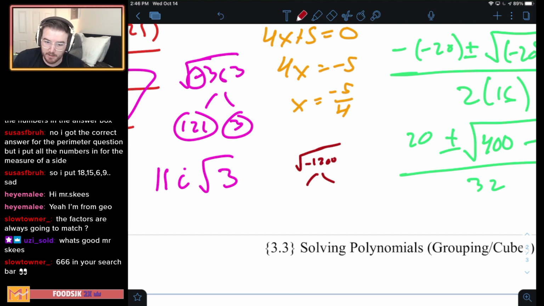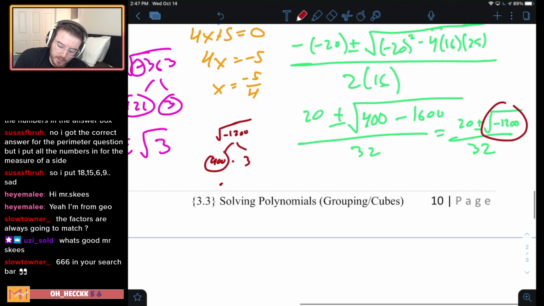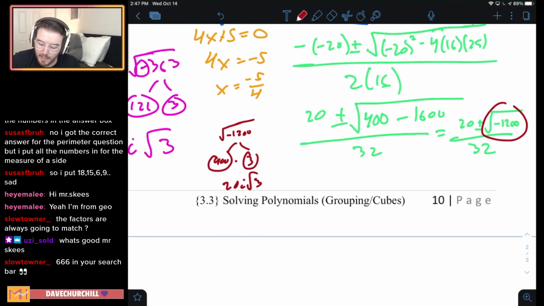It's 400. 400 times 3, right? Think of 12. What's the biggest perfect square in 12? 4. 4 times 3. Up the ante, right? It's 1200 now. So it's 400 times 3 gives me 1200. So 400 is 20 squared. So the square root of 400 is 20. I can't take the square root of 3. So 20i root 3.